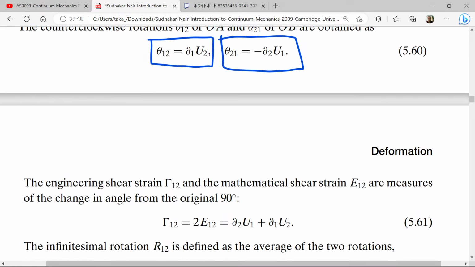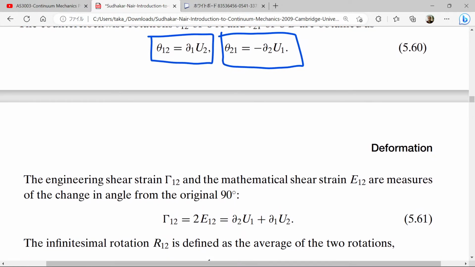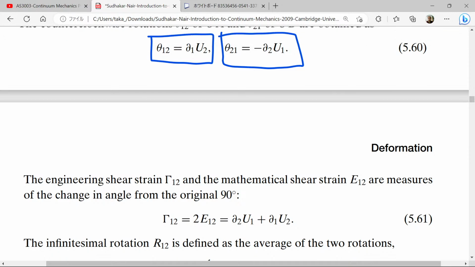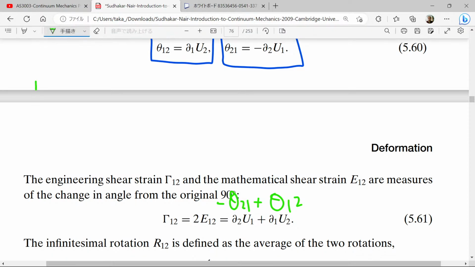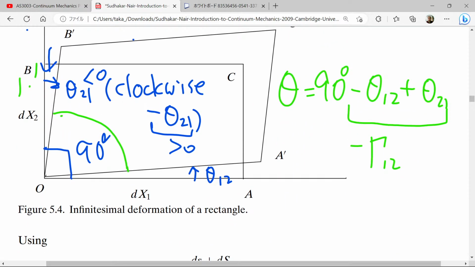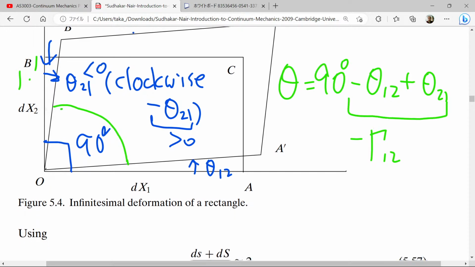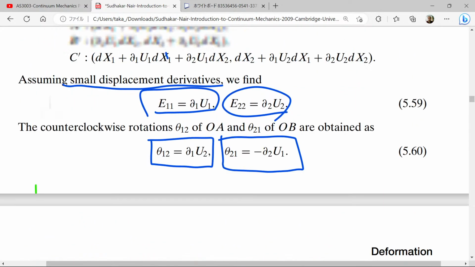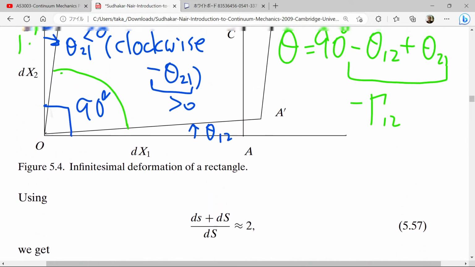And gamma 1, 2, because this one is theta 1, 2 and this is minus theta 2, 1. So what we consider above is minus theta 1, 2 plus theta 2, 1. So this should be positive, right?